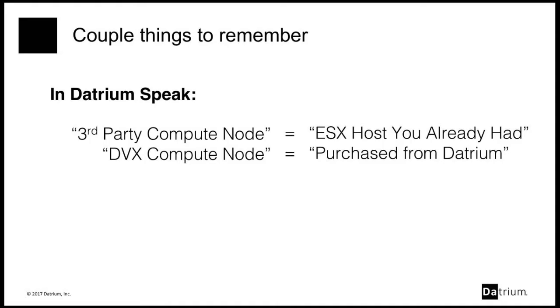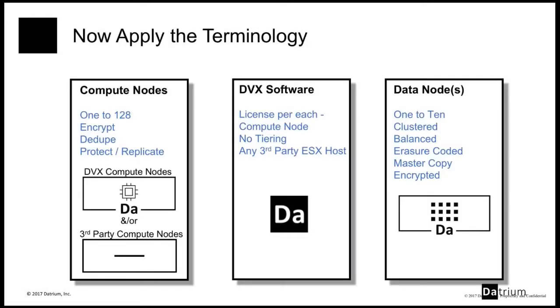And really, that kind of rounds out all the pieces and parts of the architecture on the whole. At that point, you just think through where these things plug in. If you look at a Datrium environment deployed at scale, what you'd find is that I can scale 128 compute nodes to as many as 10 data nodes in a scale-out cluster. That scale-out cluster is erasure coded.